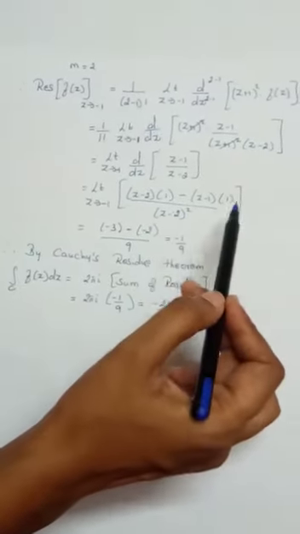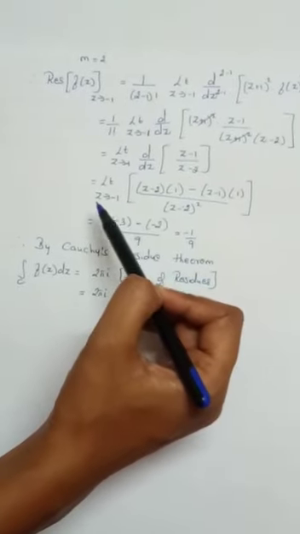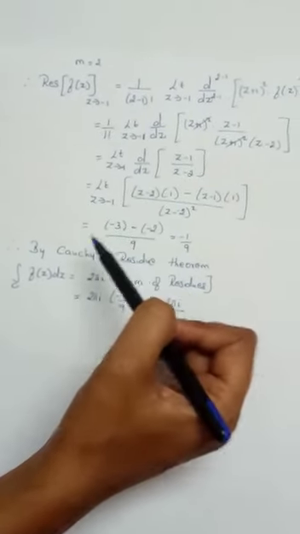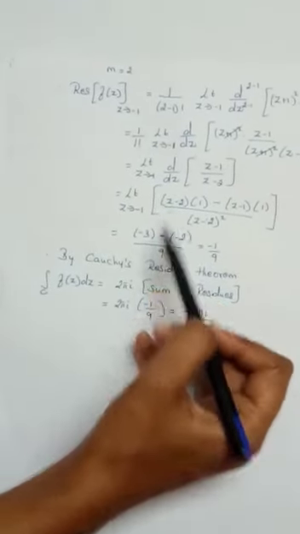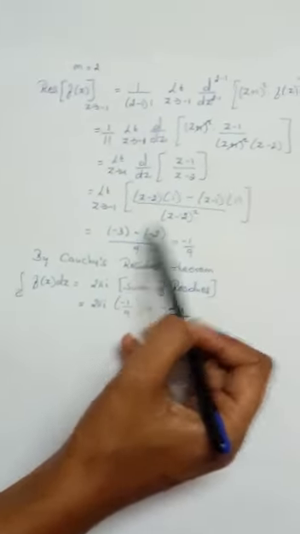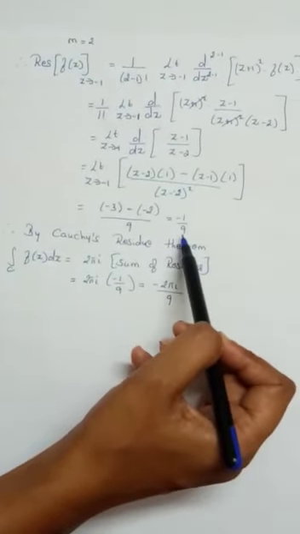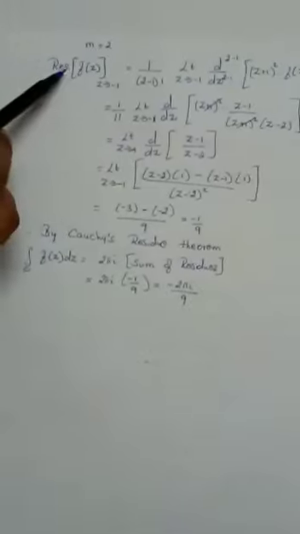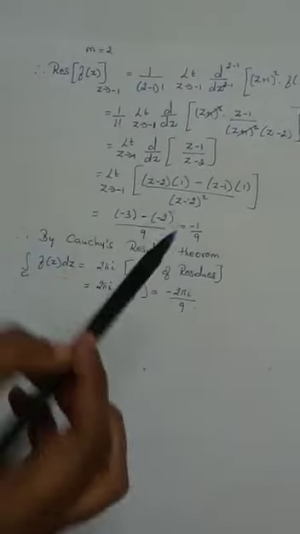You need not simplify this, just substitute the limit as z tends to minus 1. Instead of z, replace it as minus 1. So that you get minus 3, minus of minus 2, divided by 9. So you get minus 1 by 9. So I have the residue of f of z at z tends to minus 1 as minus 1 by 9.